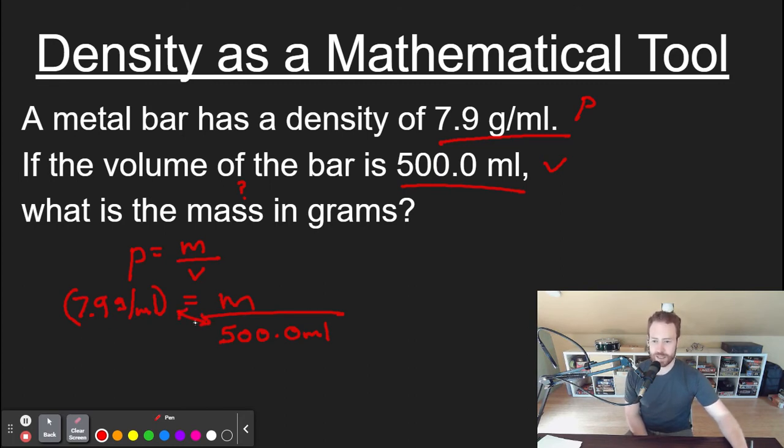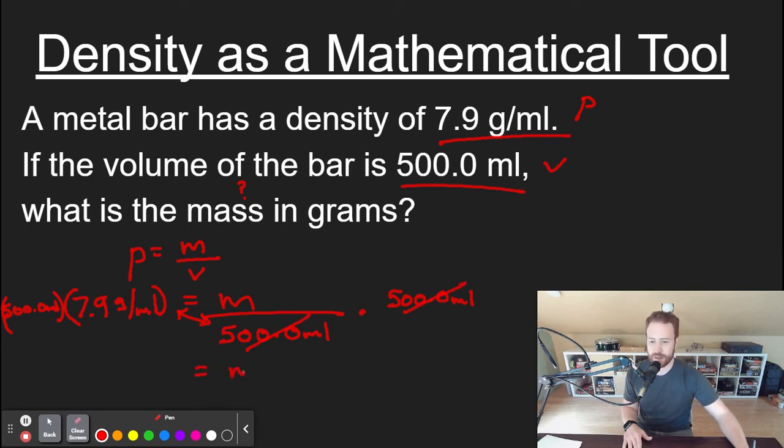You can either think of it as we're cross multiplying this numerator times the denominator on the other side, or if you like to think about math at its root, what we're really doing is multiplying both sides by 500 milliliters, because that's how we get rid of 500 milliliters in the denominator on the right-hand side.